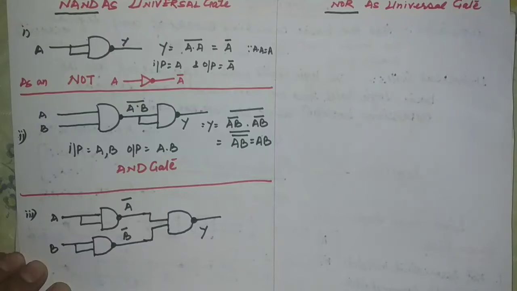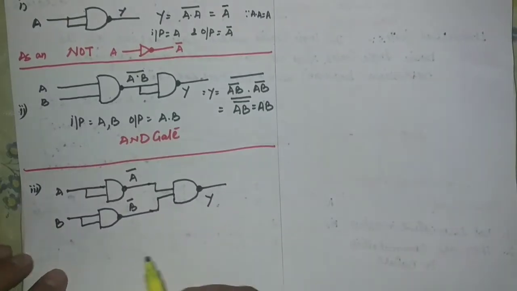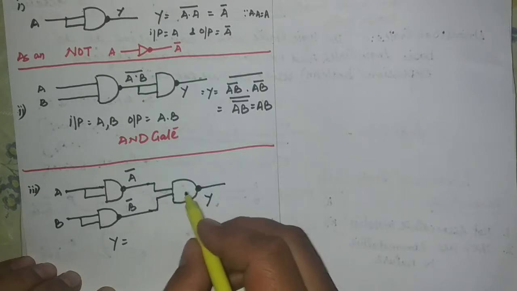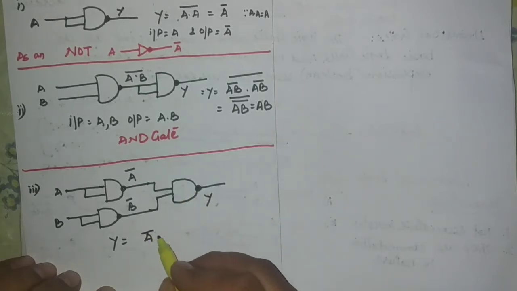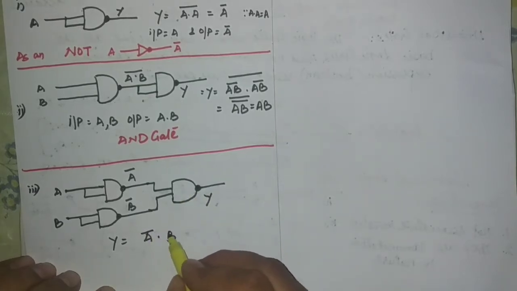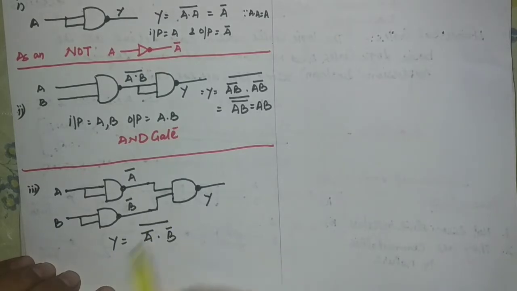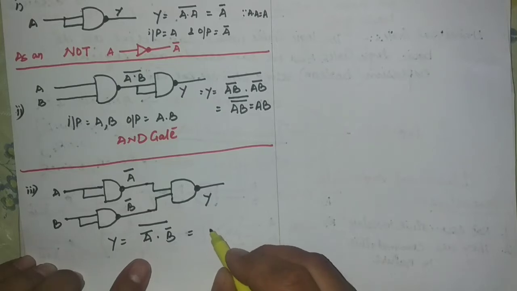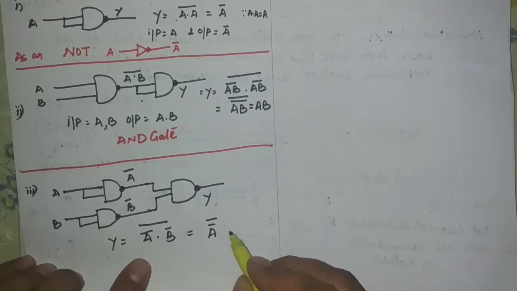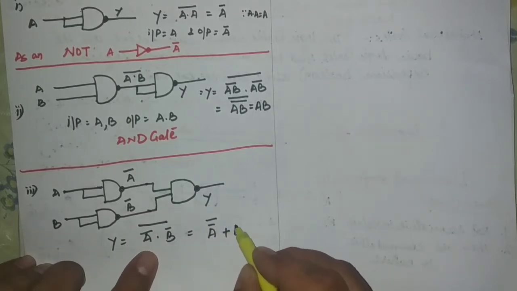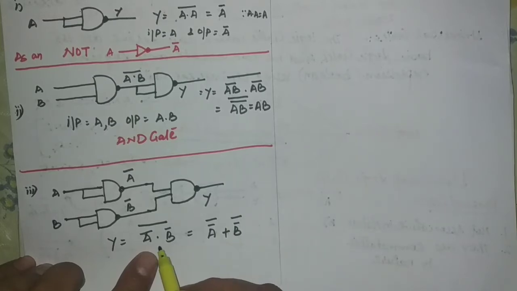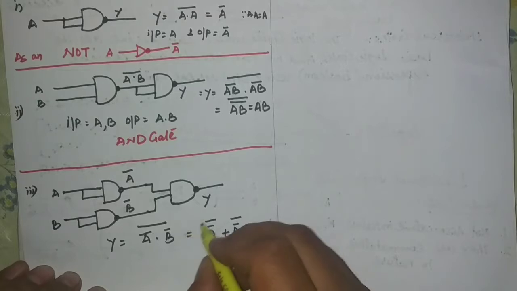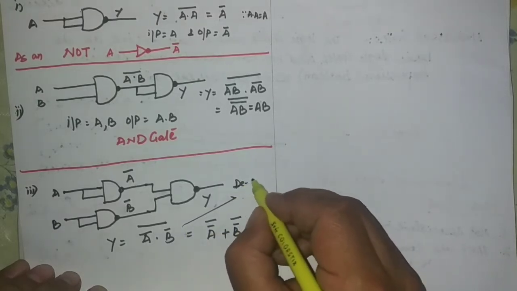This is, say for example, Y. Now if we solve it, Y is equal to, because this is NAND and an inverter, A dot B complete bar. This can be written as, according to De Morgan's theorem, A complement's complement plus B complement's complement. We actually applied De Morgan's theorem here.